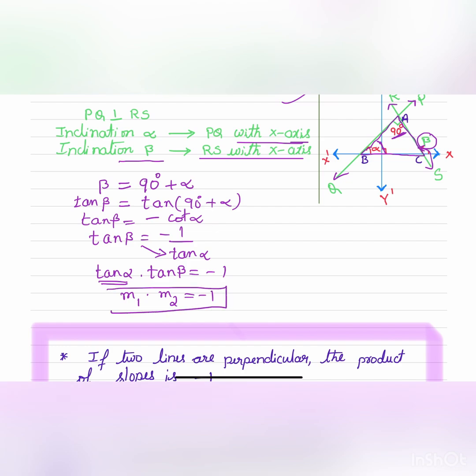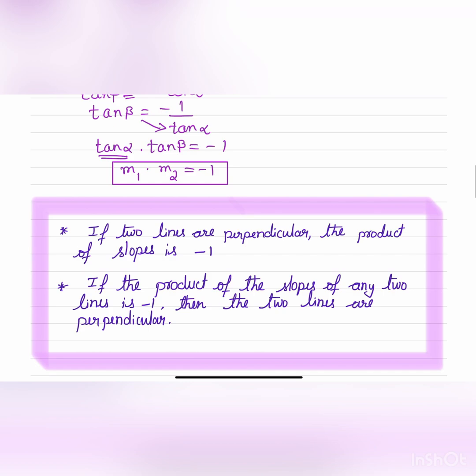So the product of the two slopes will be equal to minus 1 if the two lines are perpendicular to each other. If the two lines are perpendicular, then the product of slopes is minus 1. If the product of slopes is minus 1, then the two lines are perpendicular.